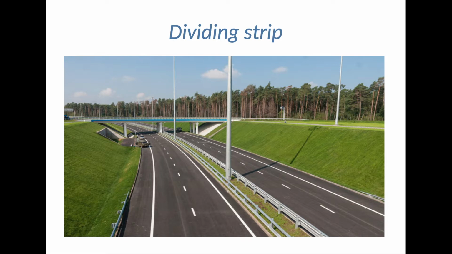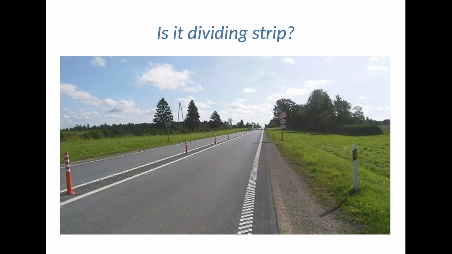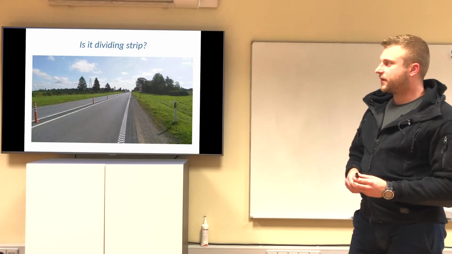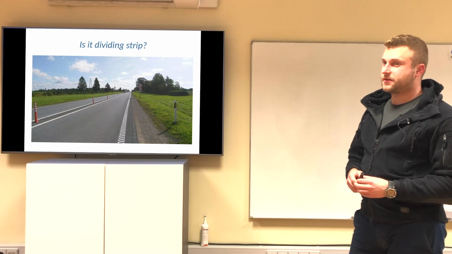Here is also a dividing strip in the center, you see. How do you think? Is it a dividing strip or not? Yes? Why yes? Because it's green or sand or something? No, but it has red cones. But it's just cones, it's not a strip.